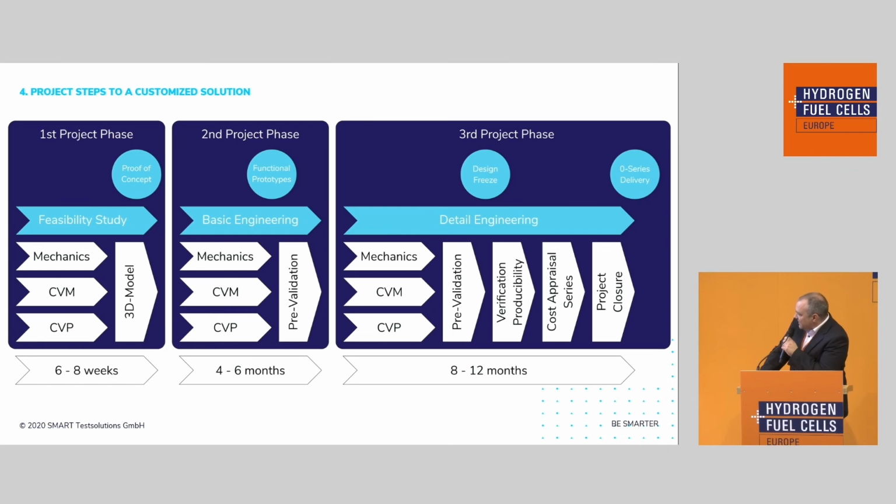If that is fulfilled and we have working and functional prototypes, we go into a third project phase. It's called the detail engineering phase, where we look at the design, if there have to be some changes. As well, that means another pre-validation of the component until we get a design freeze, and then we will optimize the full system concerning producibility to make it more economic, to look for large series or small series production phases.